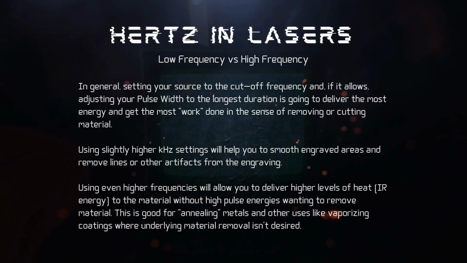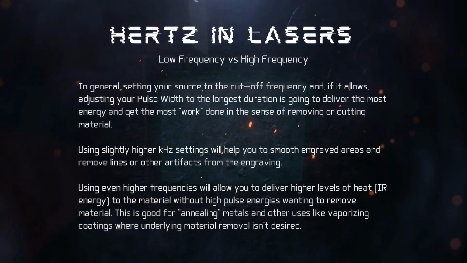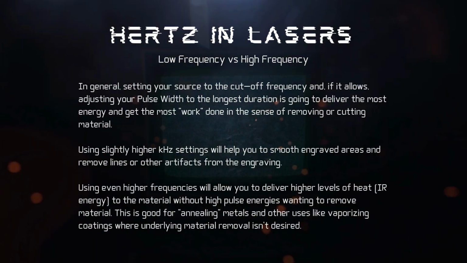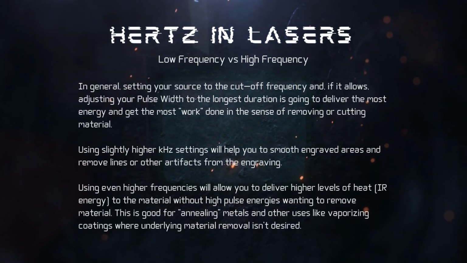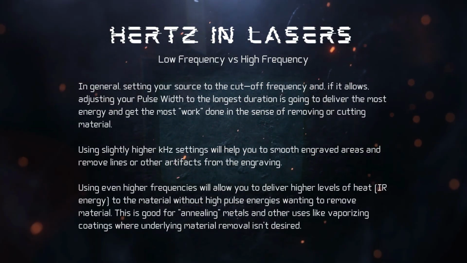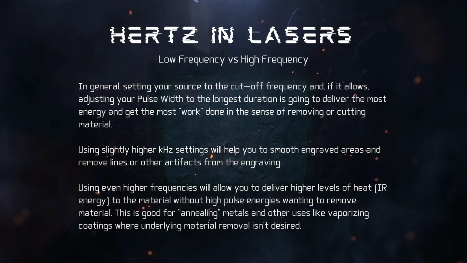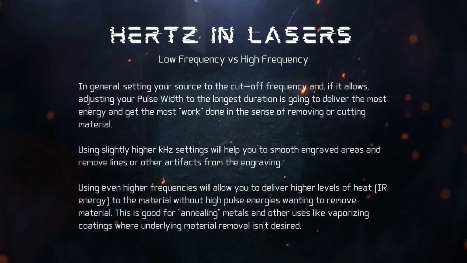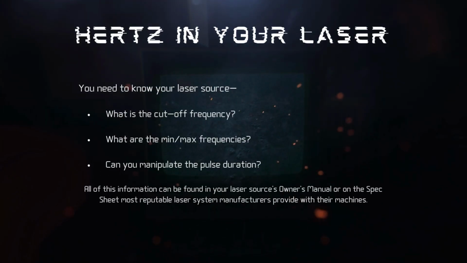Using slightly higher kilohertz settings will help you smooth engraved areas and remove lines or other artifacts from the engraving. Using even higher frequencies will allow you to deliver higher levels of heat in the form of IR energy to the material without high pulse energies wanting to remove material. This is good for annealing metals and other uses like vaporizing coatings where underlying material removal isn't desired.